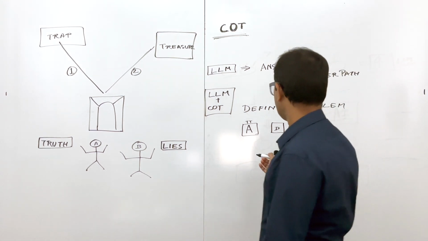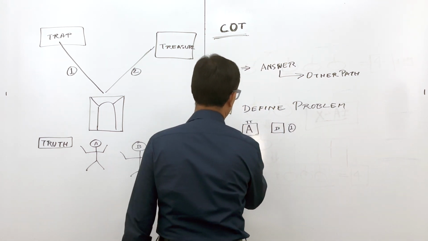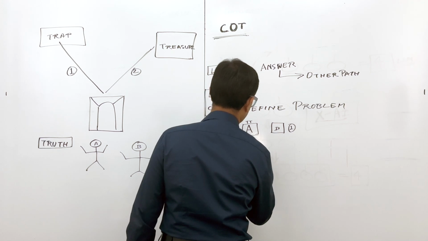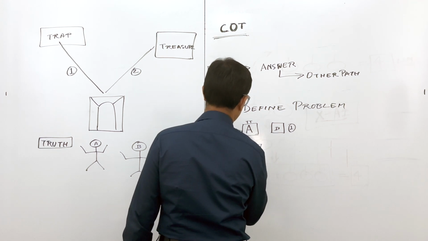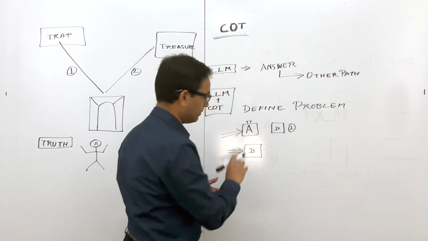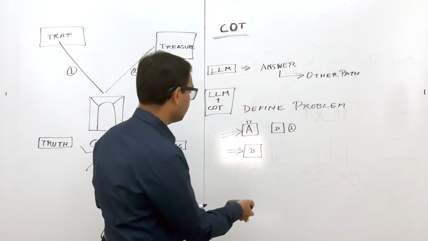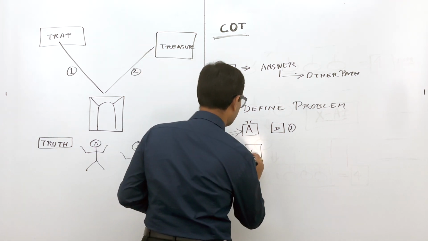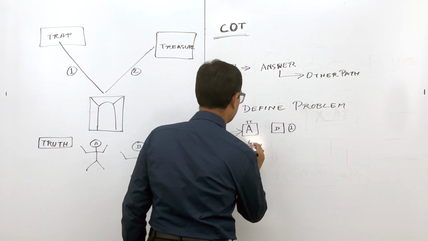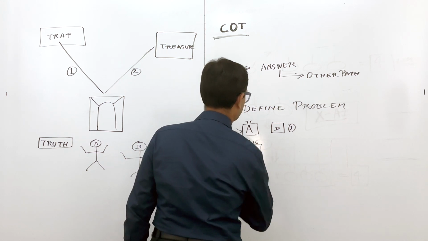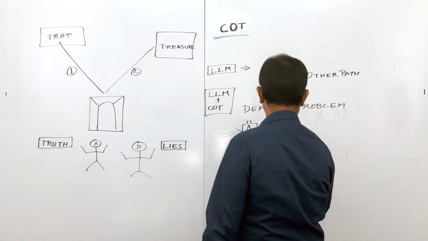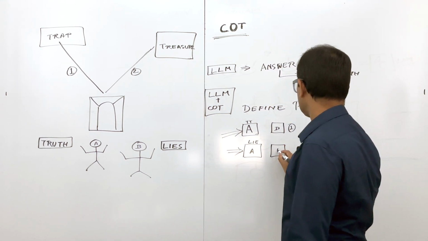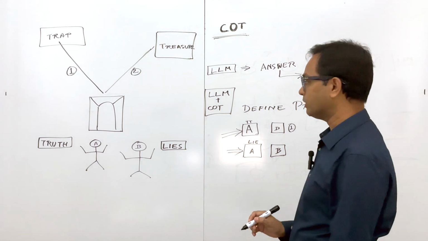Now, in this case I was going to A. If I went to B, or let's just invert this: if A is the liar, and I go and ask this guy, what would B tell me to do, which way to go?